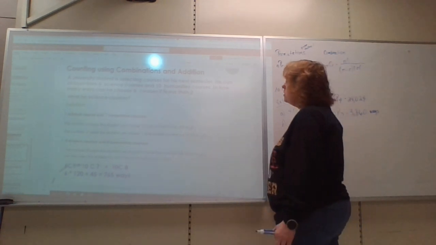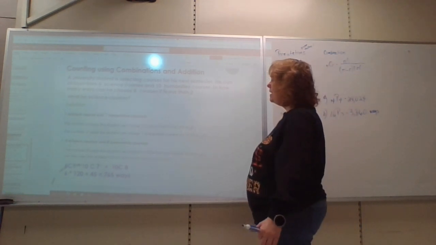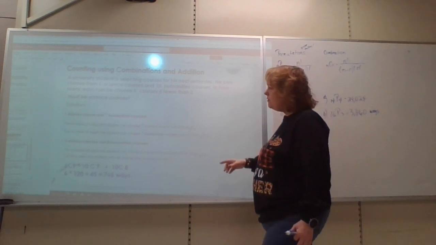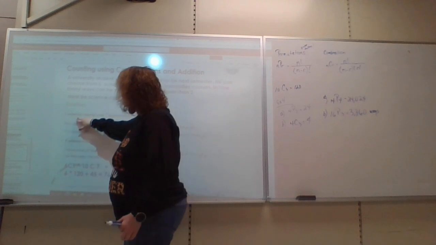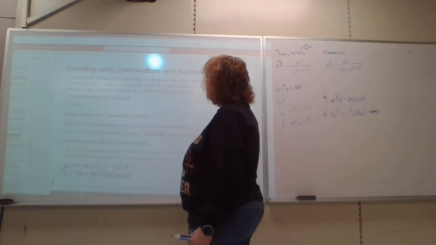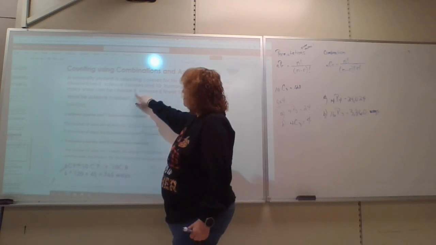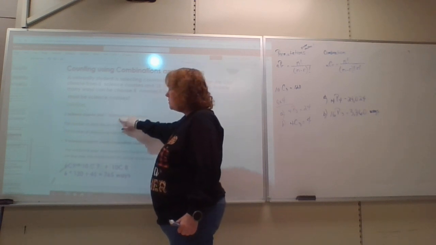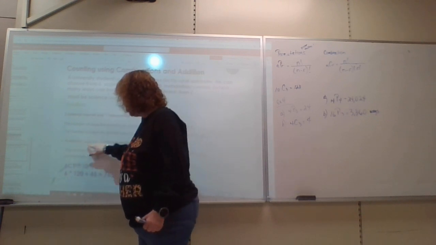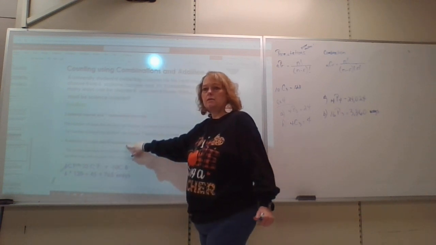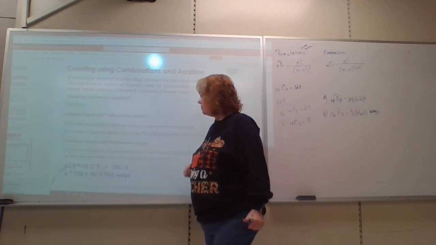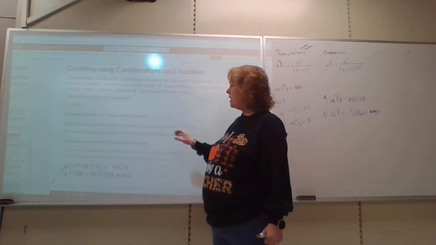So fewer than 2 means he can choose 1 or he can choose none, right? It has to be a total of 8. So if he chooses 1 science, 7 of them have to be humanities. If he chooses no science, then all 8 have to be humanities. Not 2, because it has to be fewer than 2, and I list them here.